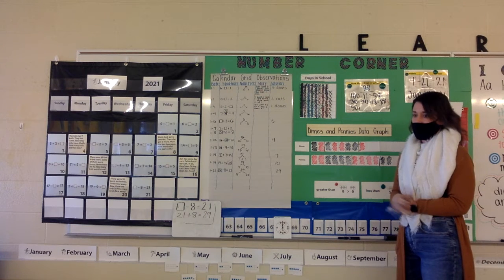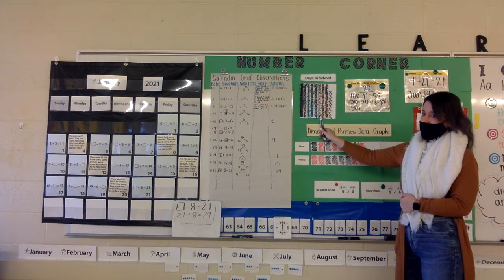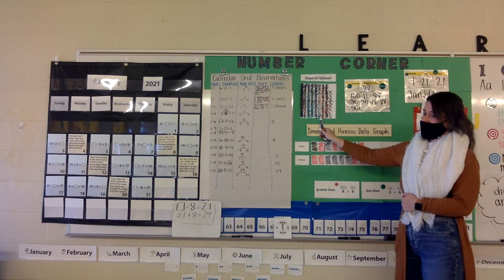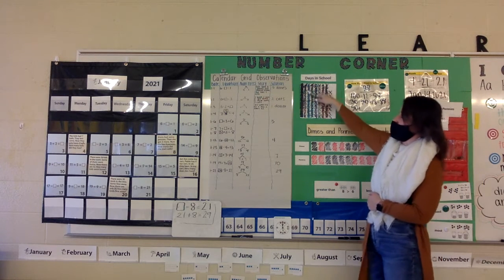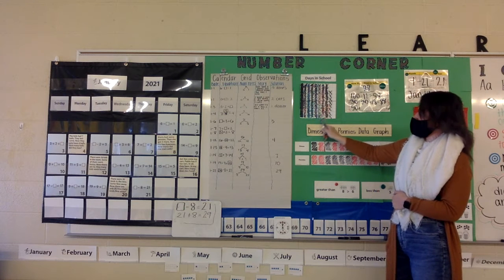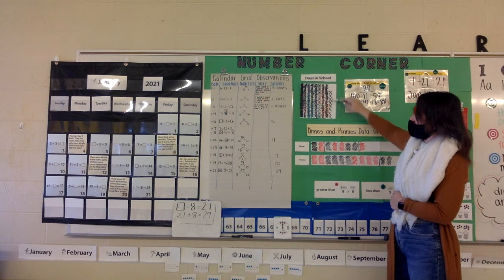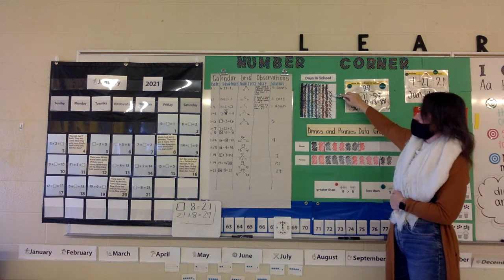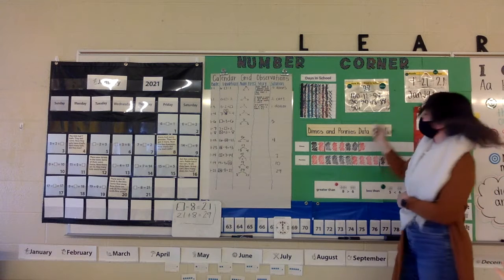Aria, let's count. So we have 50 here. So count with me what's left. 10, 20, 30, 35, 36, 37, 38.